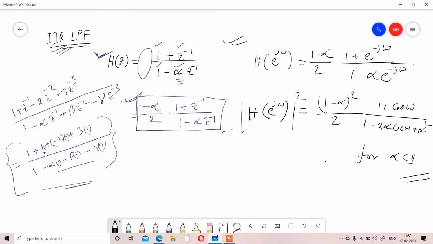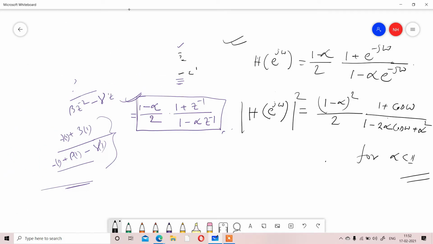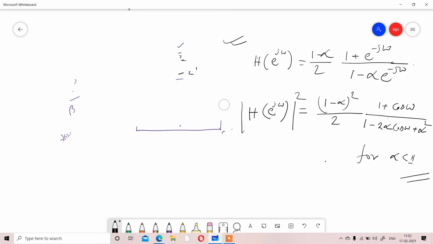And here, if we represent the values of omega and alpha, obviously alpha will be known, and the value of alpha must be less than 1.